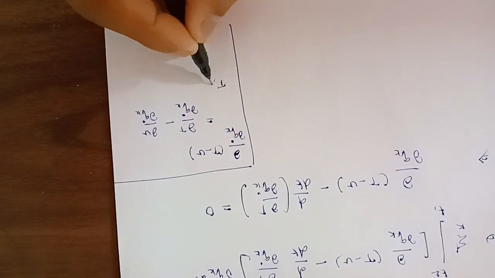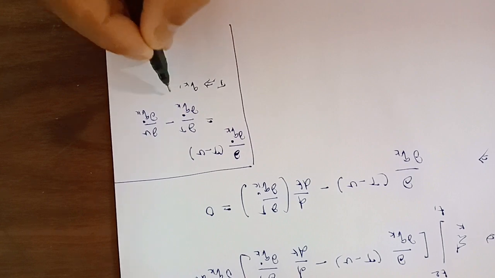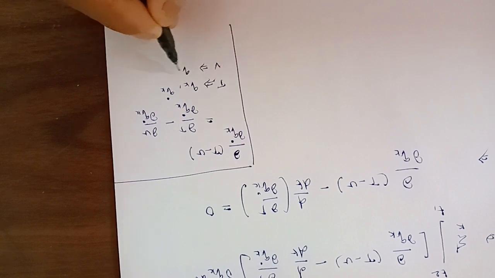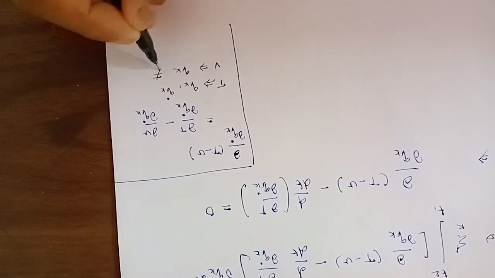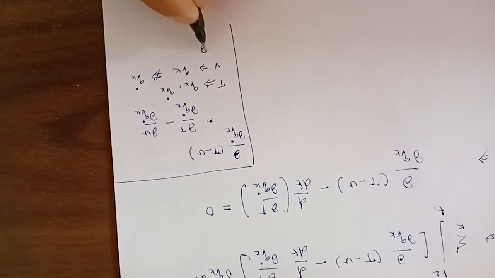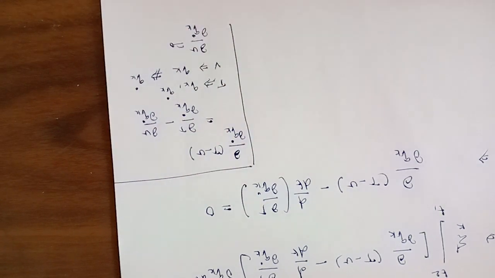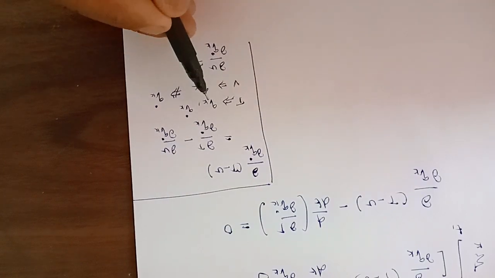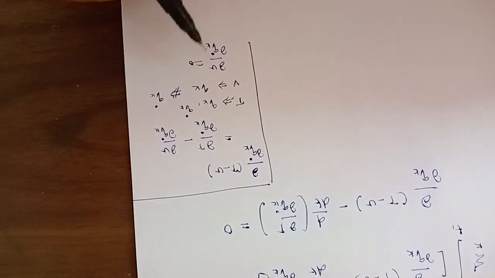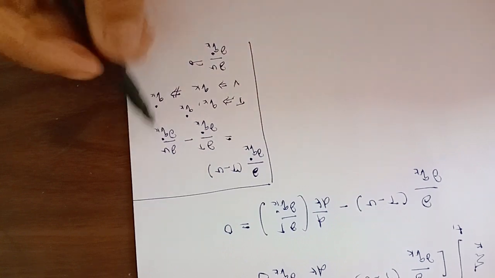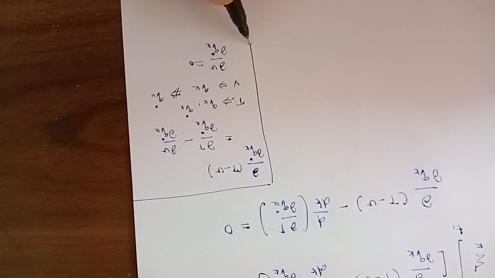T depends upon what? qk and qk dot. But V only depends upon qk and does not depend upon qk dot. Therefore, dou V by dou qk dot becomes 0. Understand? As the kinetic energy depends on qk and qk dot, but the potential energy does not depend upon qk dot, therefore dou V by dou qk dot becomes 0.